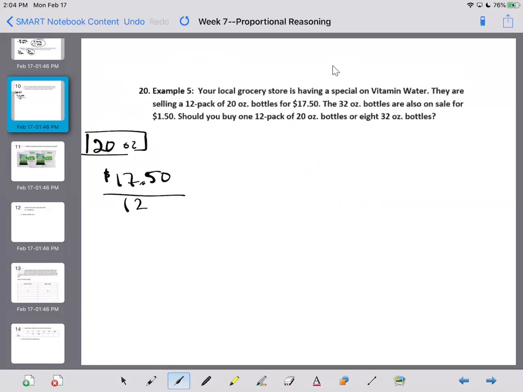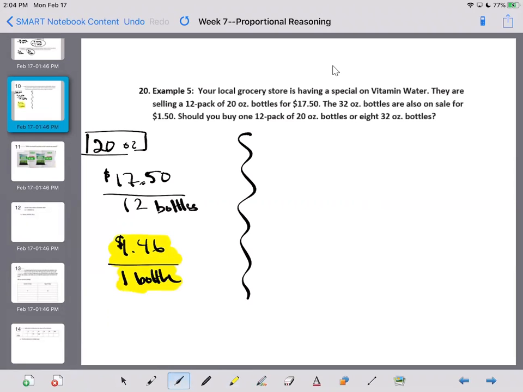When you do that division, you're going to get about $1.46 per what? Per 1 bottle, because you're buying a 12-pack for $17.50. When you divide that by 12 bottles, you're trying to get it down to 1. So it's $1.46 a bottle.